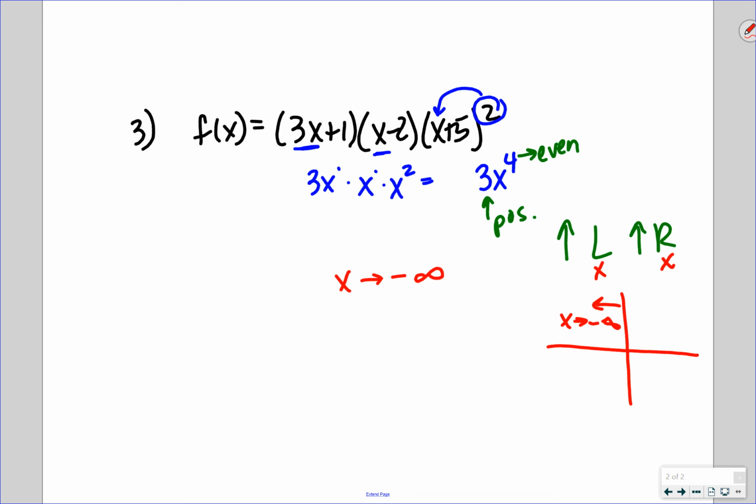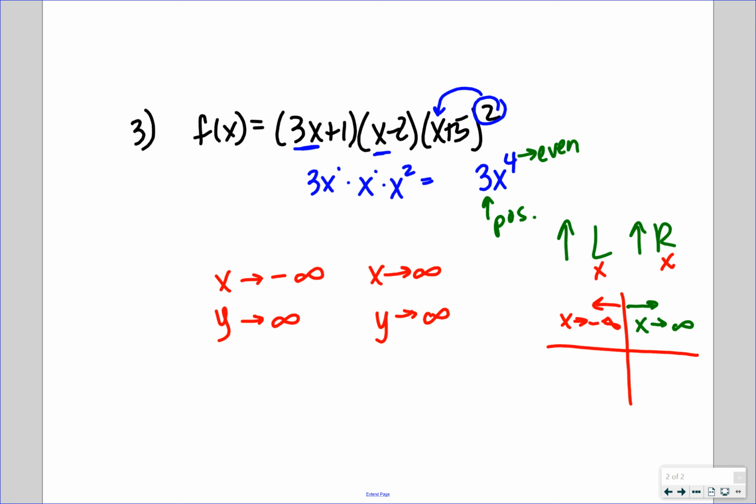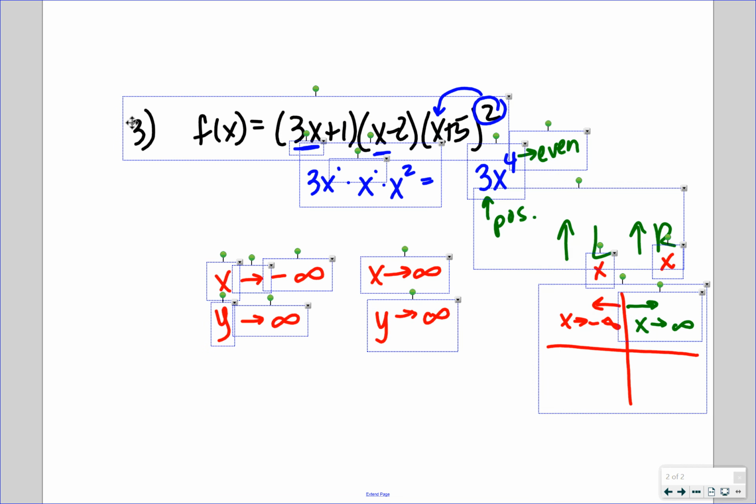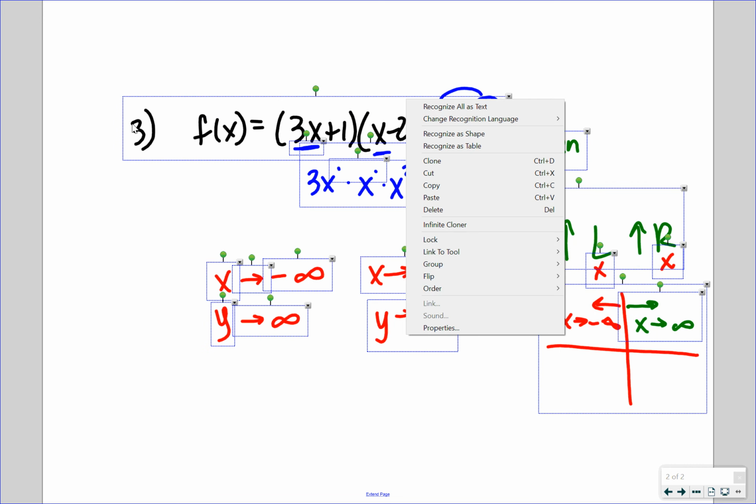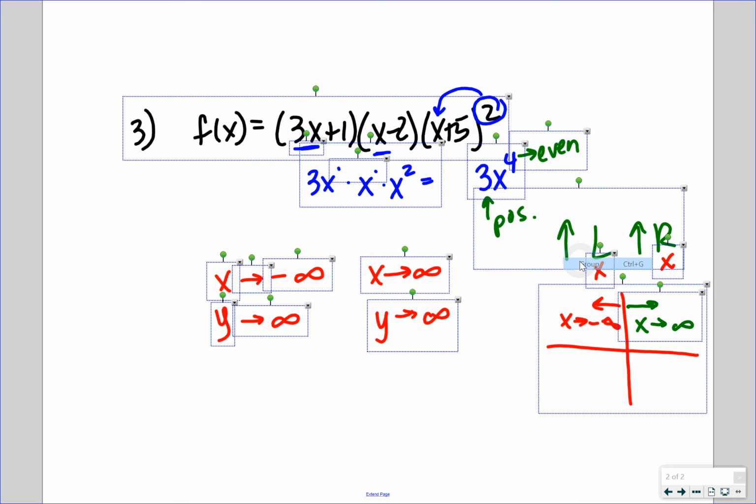When x is negative, y is going up, going towards positive infinity. Now the other side, the right side of my graph, x is positive. So when x is going towards positive infinity, y is also going up towards positive infinity. That's the end behavior for an even degree polynomial with a positive number out front.